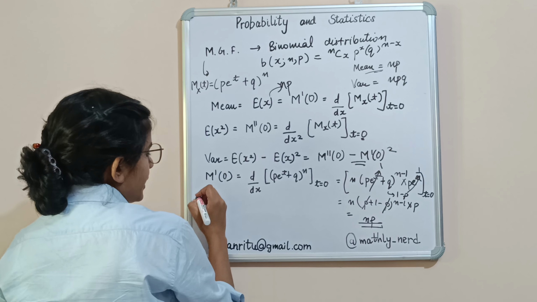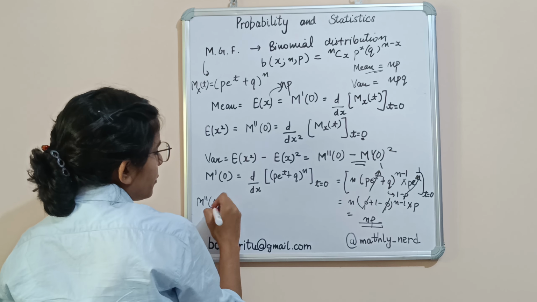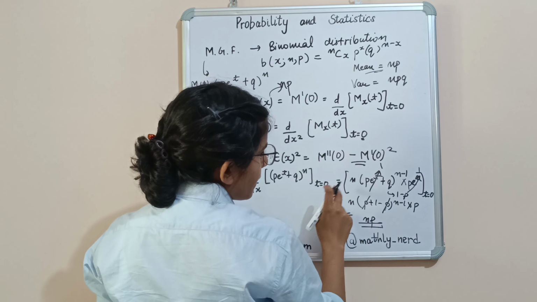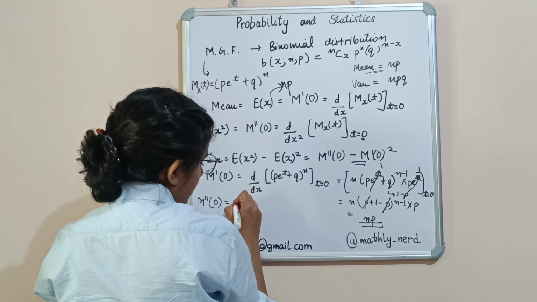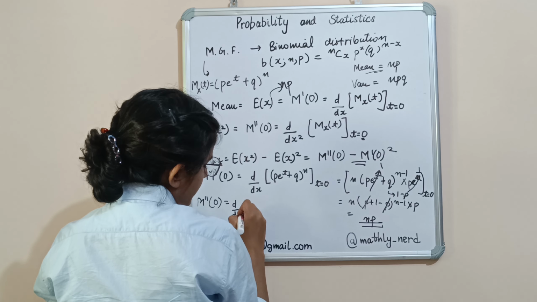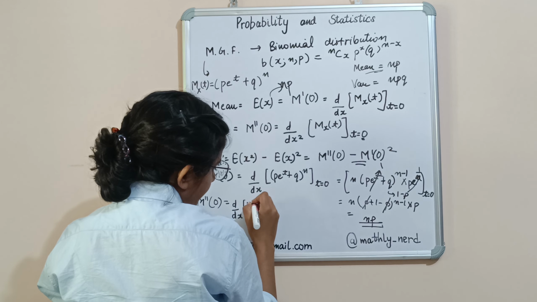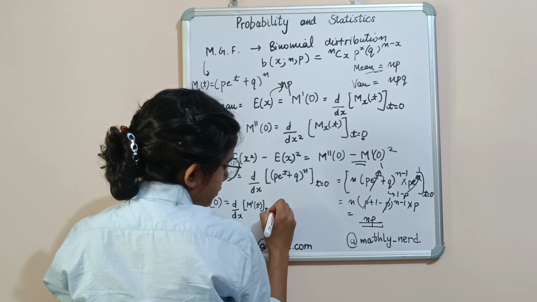Similarly, we can calculate the double derivative of M, putting the value of t equal to 0. We have to again differentiate our M dash t and then put the value of t equals to 0.